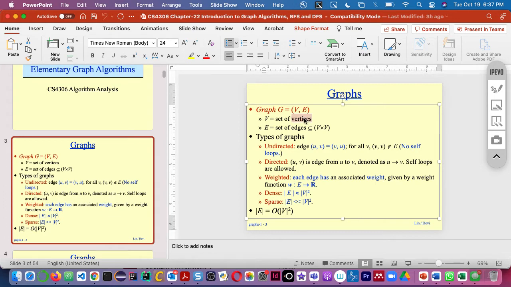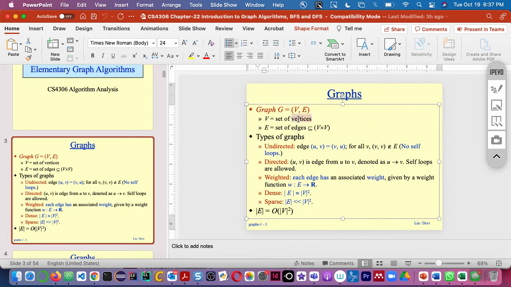Instead it has a source and a destination, a starting point and an ending point, and any node can be source or destination. The link between two nodes is called an edge, and there are multiple edges.